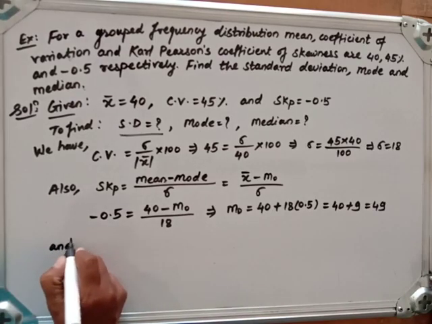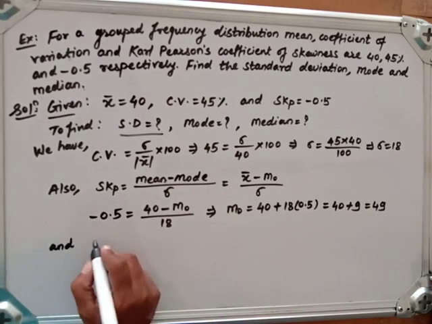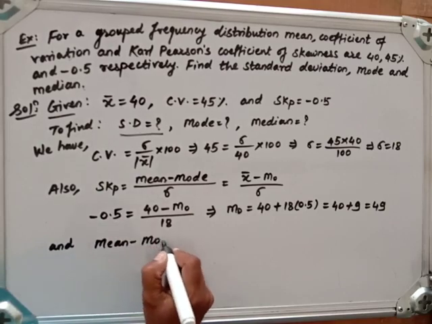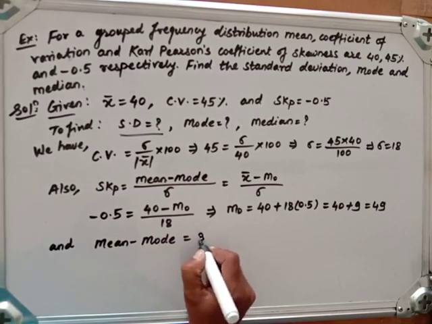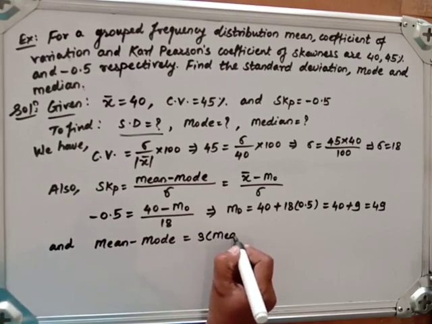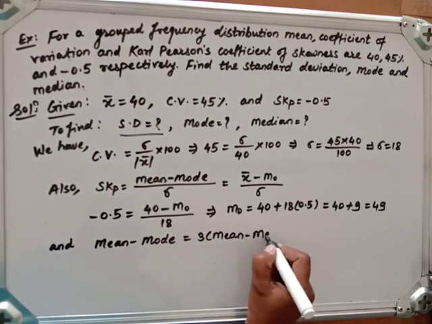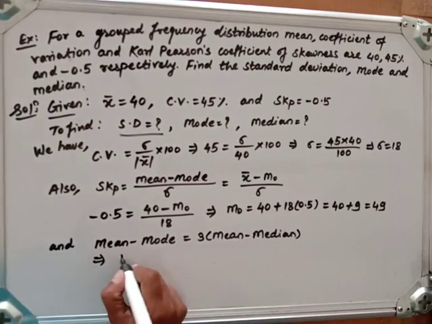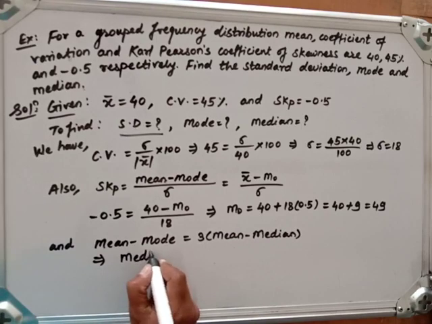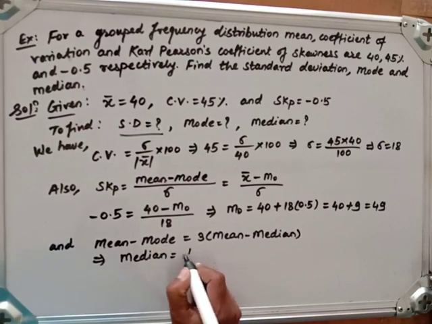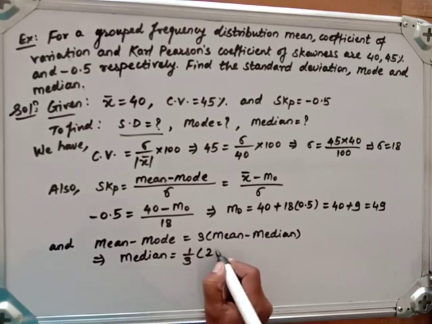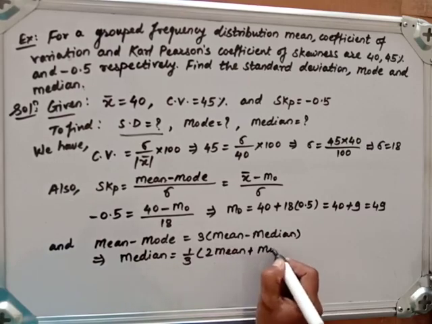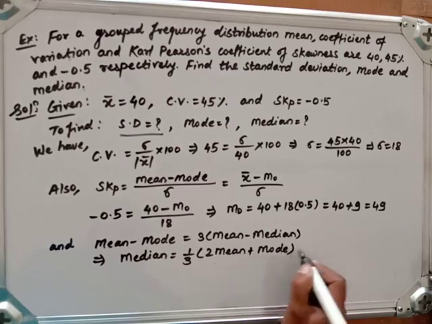Now the question remains for median. So for that let us use the empirical relation. That is mean minus mode is equal to 3 times mean minus median. So that gives median equal to 1 by 3 times 2 times mean plus mode.